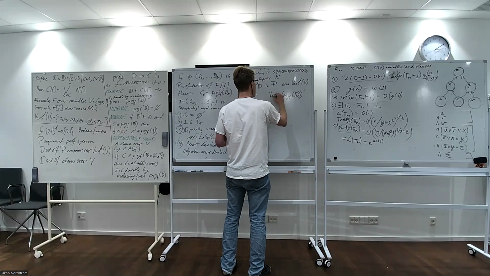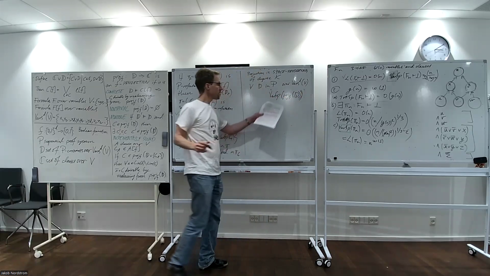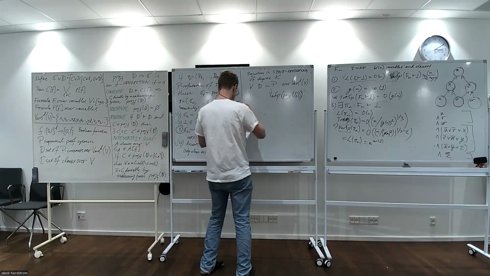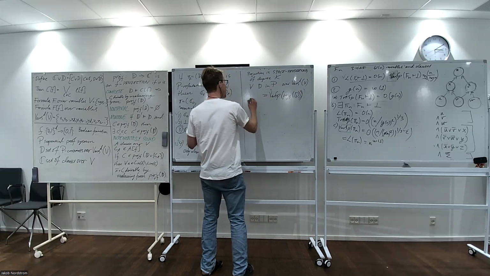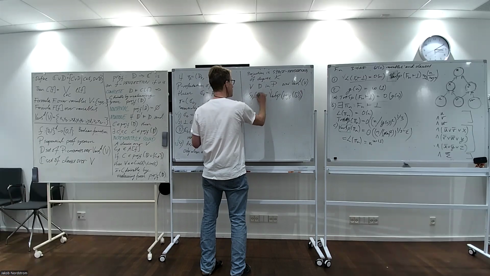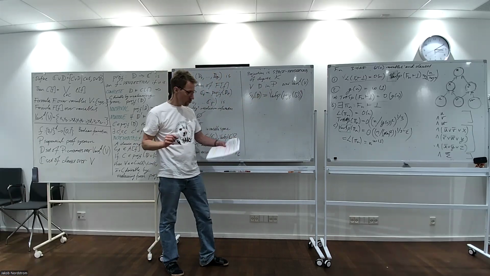This measure, I want it ideally to be the P space of D. It would be wonderful if I had this, but maybe I won't.